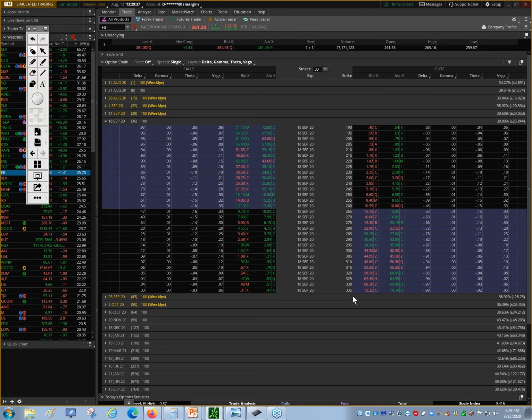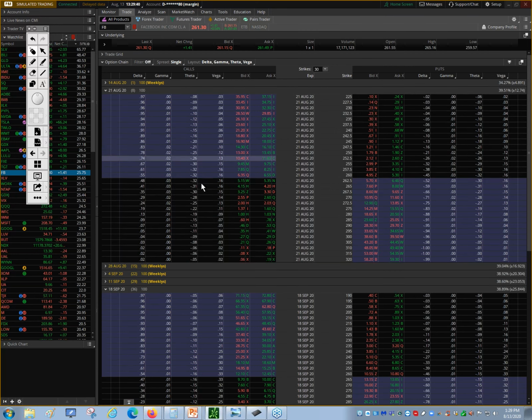And the closer we get to expiration, we can see that theta is much more aggressive. Inside of 8 days, it is almost double what it was when we were at 35 days to expiration.